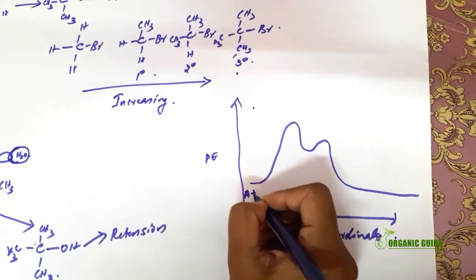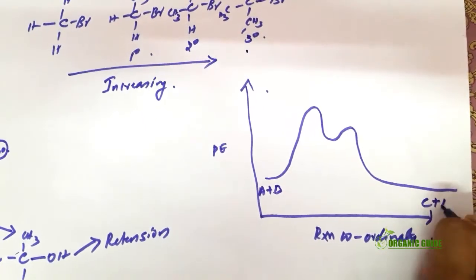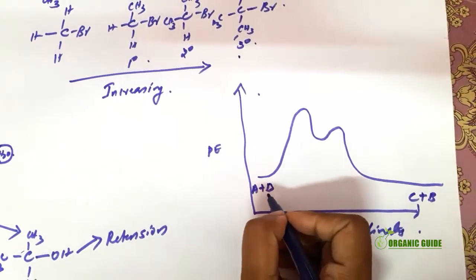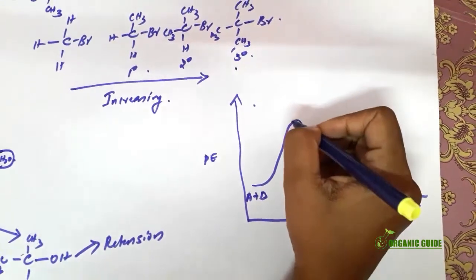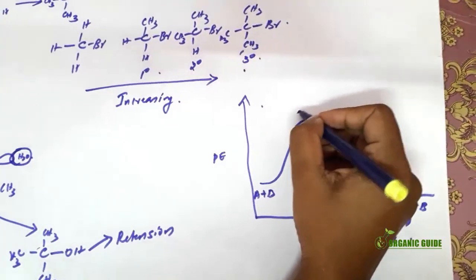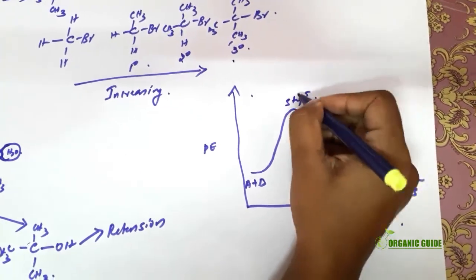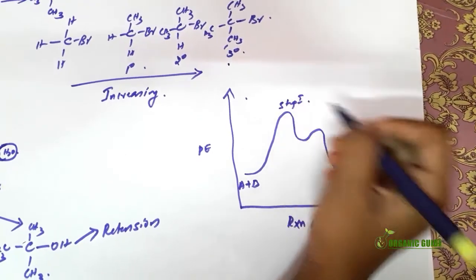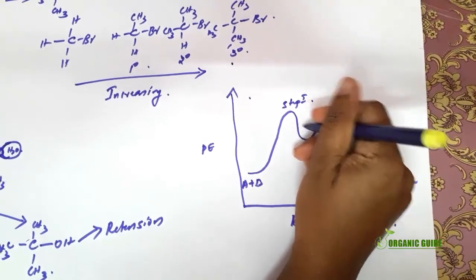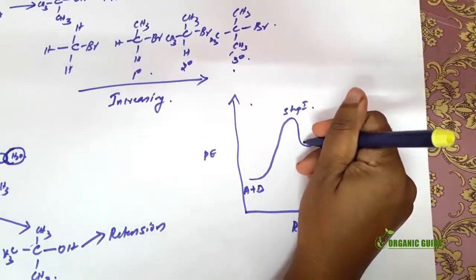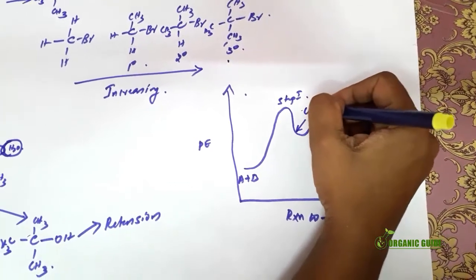This is A plus B, this is C plus D. A plus B is alkyl halide plus nucleophile. This is ionization, that is the first step, step 1, that is ionization into carbocation and halide ion. The carbocation lies in between these two peaks. The carbocation will be here.